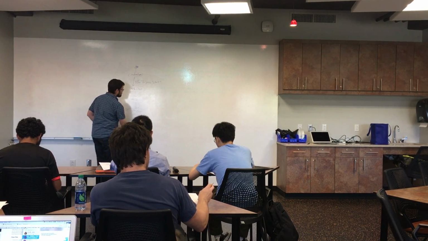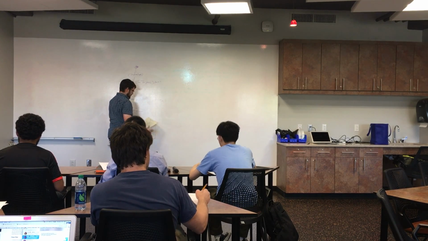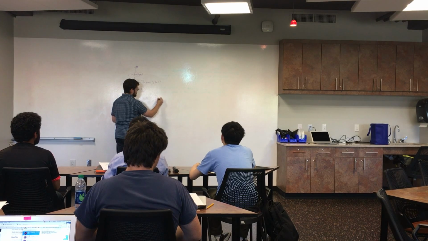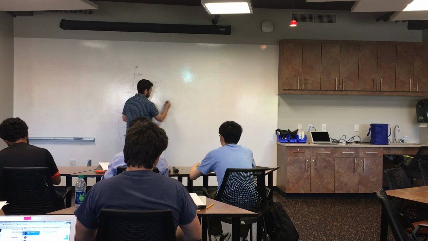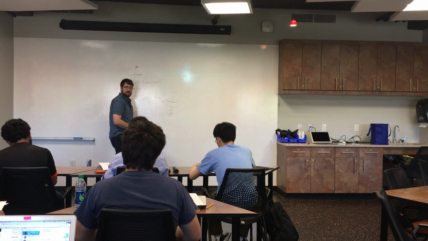And so I don't go too low on the board here. We'll say if theta is greater than or equal to theta max, we shut down, and that is the end of the state machine.